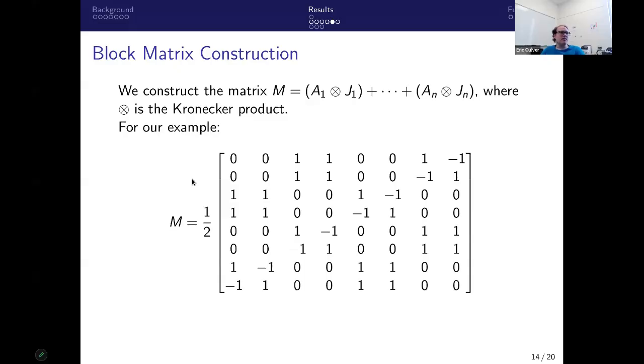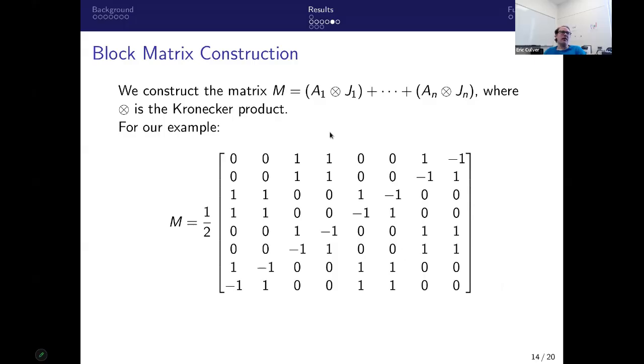And so this is our example M matrix. And then what I'm going to show, I believe on the very next slide, is that this M constructed in this way is the exact matrix that has -1 and 1 as eigenvalues.